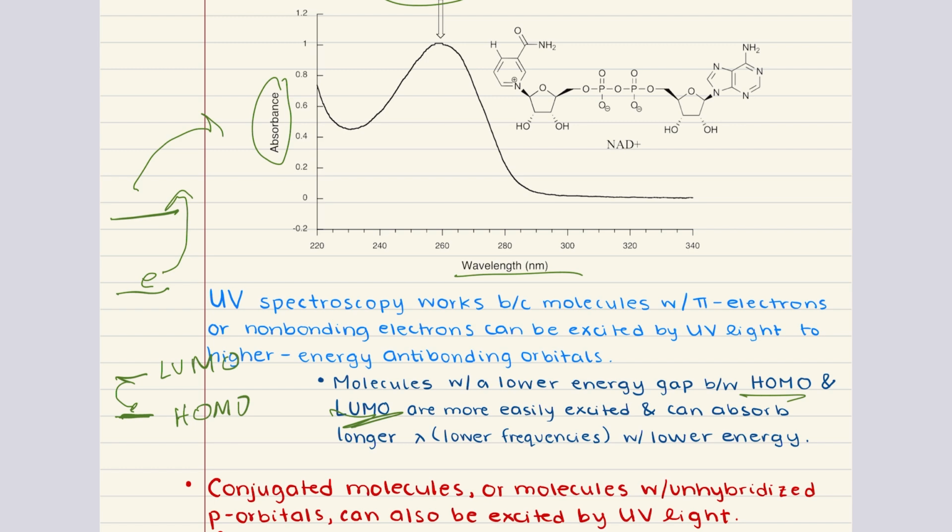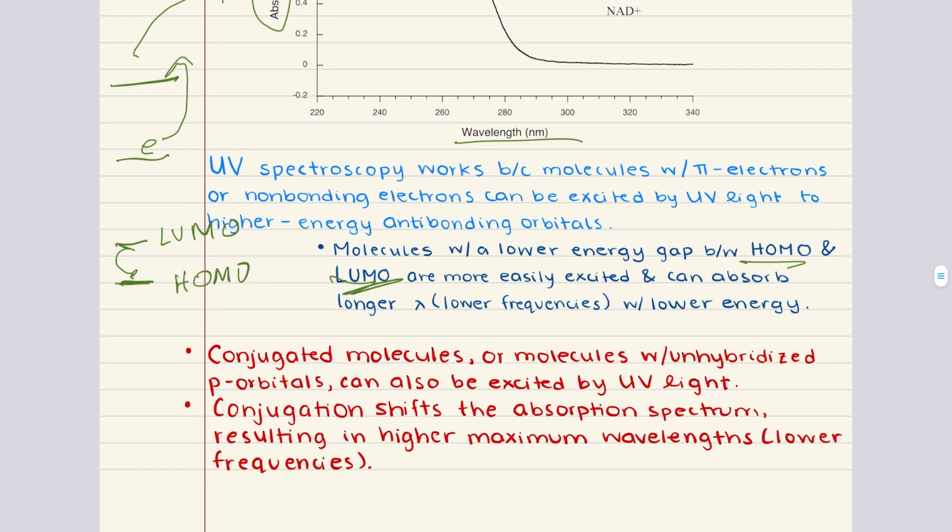One very important factor that affects this energy gap is something called conjugation. Conjugated molecules have a series of alternating single and double bonds or connected p orbitals that allow the electrons to spread over several atoms. And this delocalization lowers the energy difference between the HOMO and the LUMO.